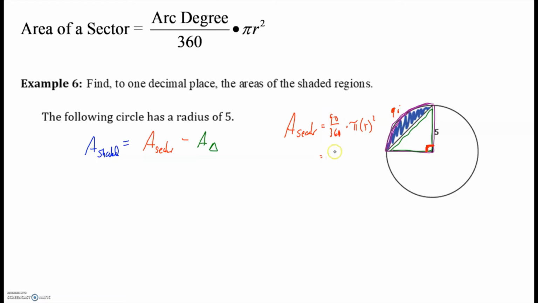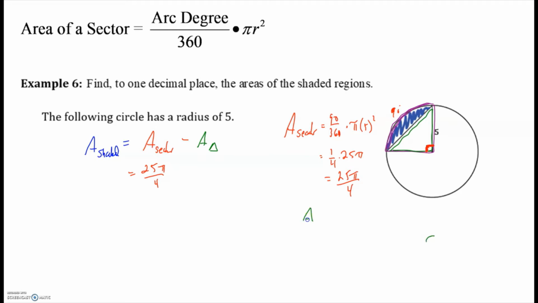So 90 out of 360 is just a quarter times 25 pi. Again, I could get a decimal, but for now, let's just leave it in terms of pi. So that's just 25 pi over 4. I'm just going to keep that here for now until I actually plug it into the calculator.